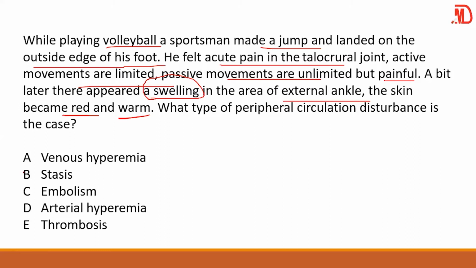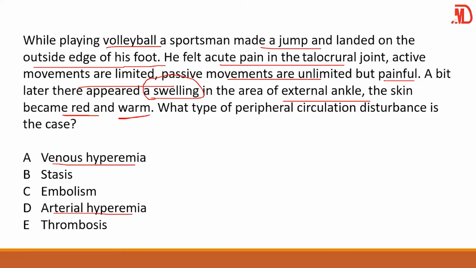Now, in venous hyperemia, there's always congestion, and usually it is cold to touch. But in arterial hyperemia, it is warm or hot to touch. So please take note of the difference between venous hyperemia and arterial hyperemia.